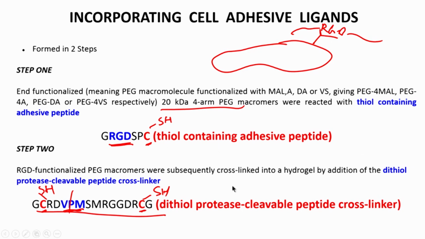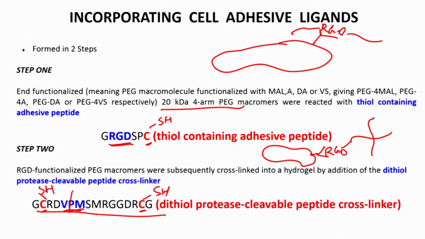So, I hope this is clear. Now you are talking about, let us say this is our 4-arm chain, one containing RGD that is capable of binding to a cell, and the others are then cross linked through this VPM.